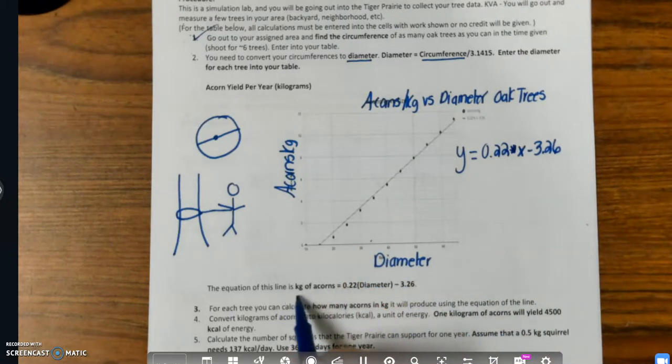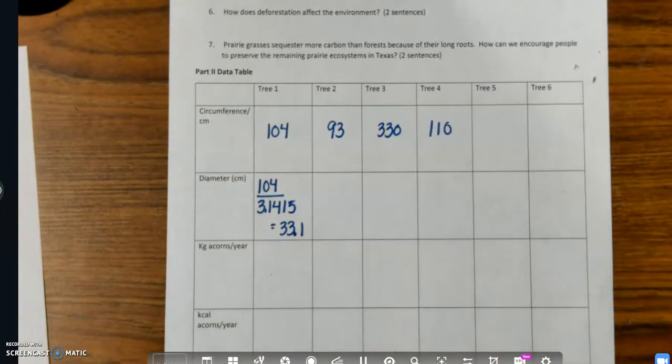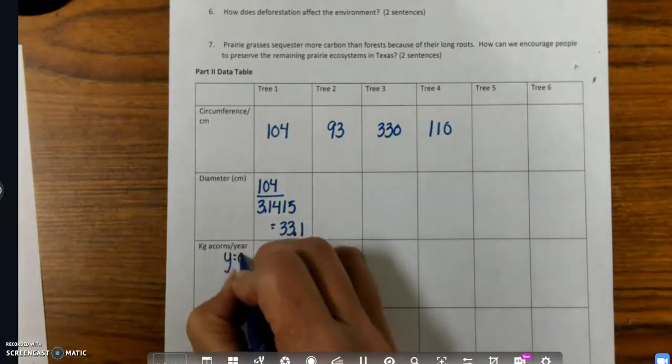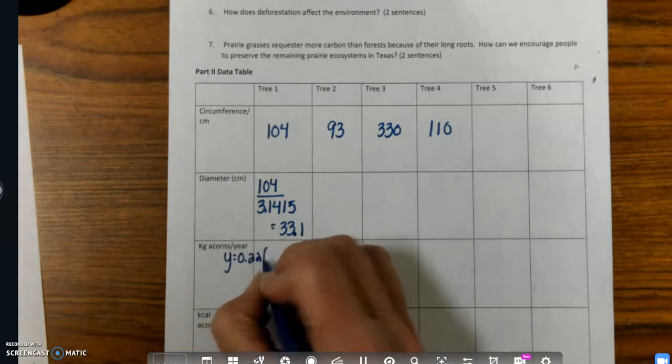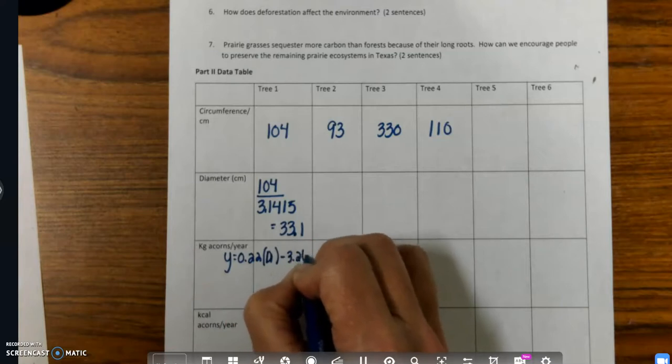So if I want to find this, all I have to do is substitute that in for each tree and solve. So I'm going to take my equation of the line: y is equal to 0.22 times diameter minus 3.26.